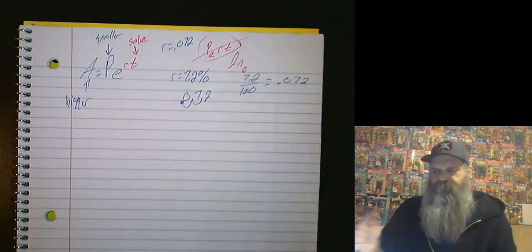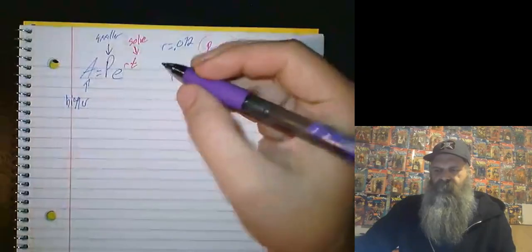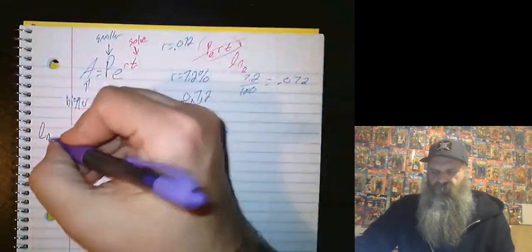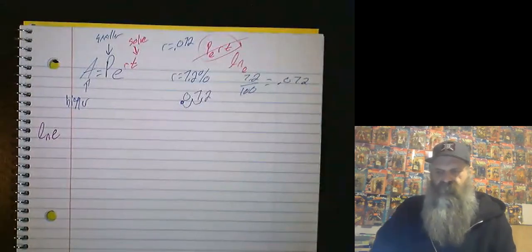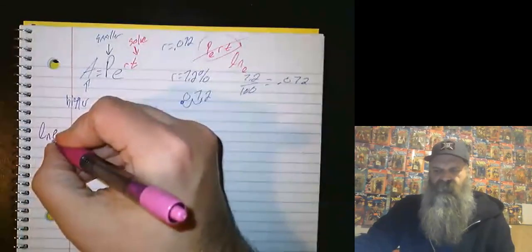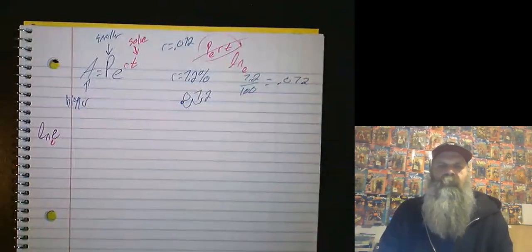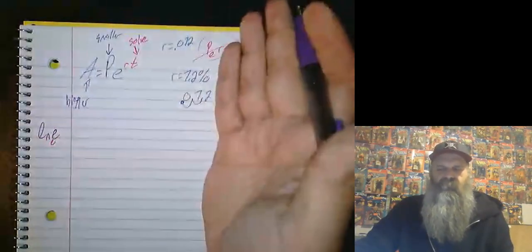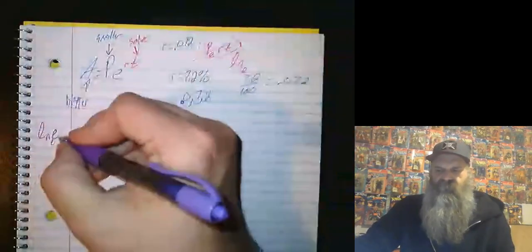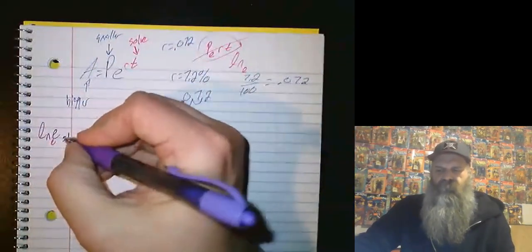And you need to know this: when you take the natural log of E, there's an implied base of E. And when the base and what you're taking the log of are the same thing, it's just equal to 1.